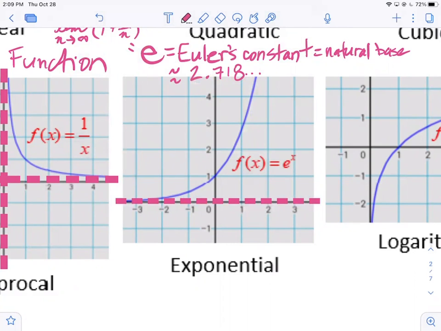This parent function has one horizontal asymptote on the x-axis, but for growth functions, it only affects the graph on the left. Things go to infinity very rapidly for positive values of x, and things go to 0 very rapidly for negative values of x. In the long run, exponential functions will end up growing faster than any polynomial function.